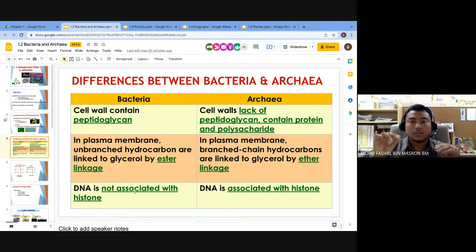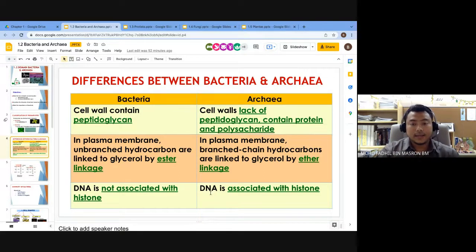During mitosis or meiosis, the DNA will start to coil and become densely tight. So to enable that, dia akan ikat pada 8 ketul protein yang dipanggil sebagai histone protein. But that one is only present in us humans in eukarya, in eukaryotic, and also in archaea.